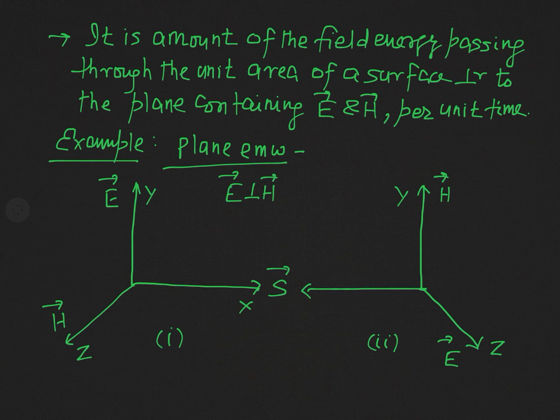If you see figure 1, you can see that I have taken the electric field oscillating in direction y and the magnetic field H oscillating in direction z. If we assume that in a plane electromagnetic wave E is directed along y and H is directed along z, then in accordance with the definition of the Poynting vector, what will the Poynting vector be in this first figure?